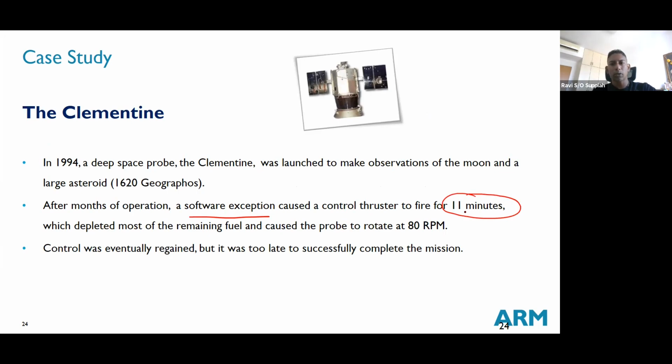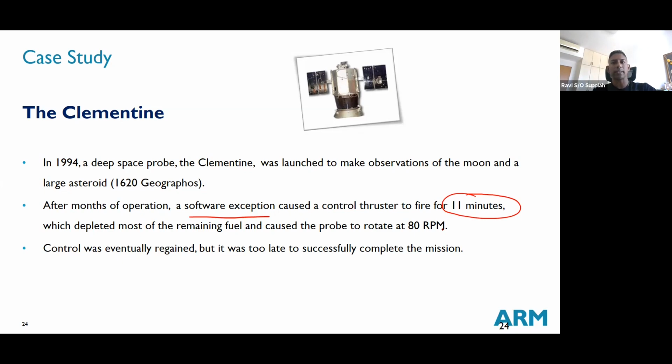This caused the probe to spin and rotate at a very fast rate, and a lot of fuel was wasted in this moment. Because of that, they were not able to successfully complete the mission because it ran out of fuel.